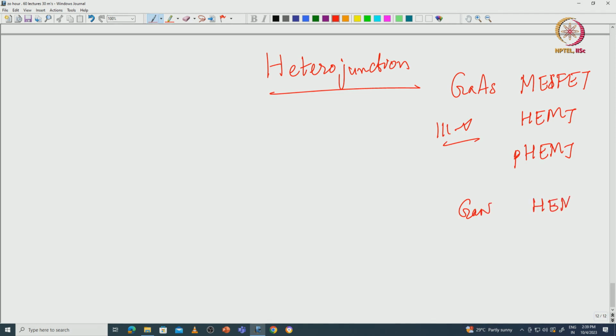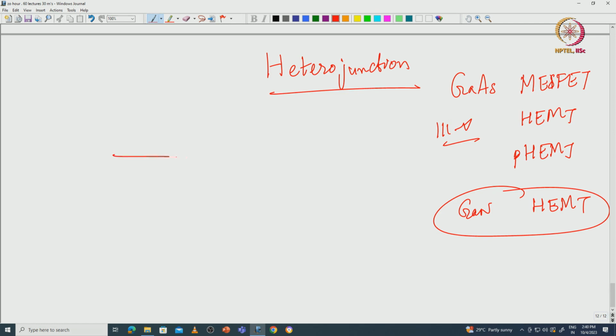These are some of the dominant technologies, and gallium nitride is also rapidly penetrating the market in both civilian and strategic sector RF systems. So it is very important for us to go through some of the basics of heterojunction. Most of this is already covered in basic semiconductor devices, but today we will try to recap the basics in the context of RF devices.